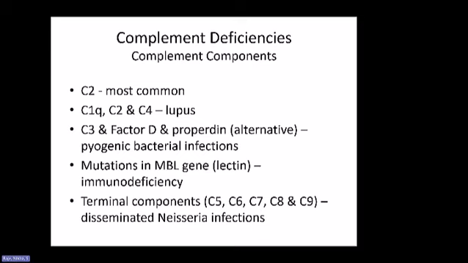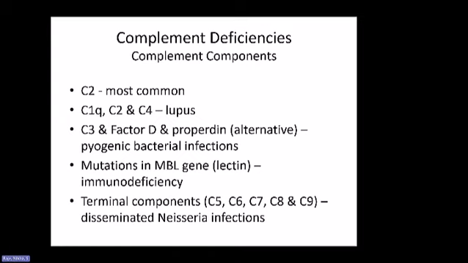Remember those immune complexes that cause the autoimmunity. It can also present with lupus. A defect in terminal components like C5, 6, 7, 8, 9 causes a terminal complement defect that is susceptible to encapsulated organism infections, including disseminated Neisseria infections.